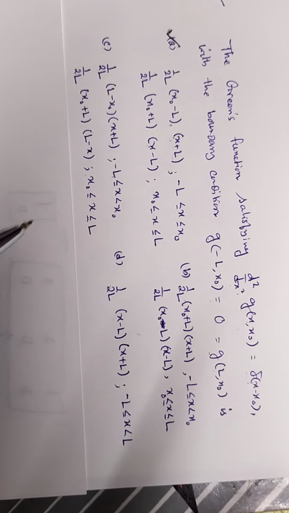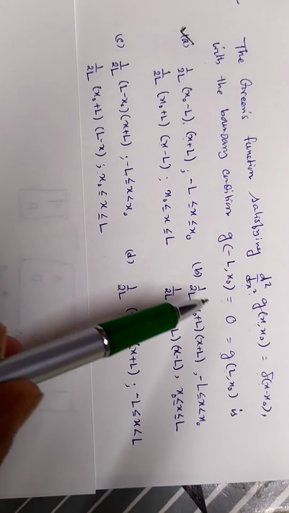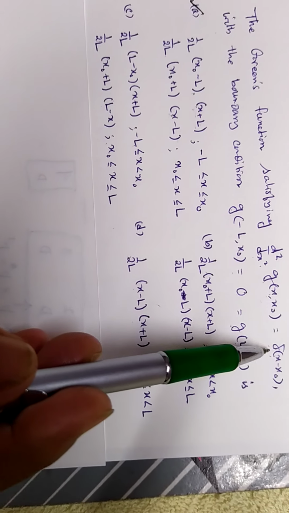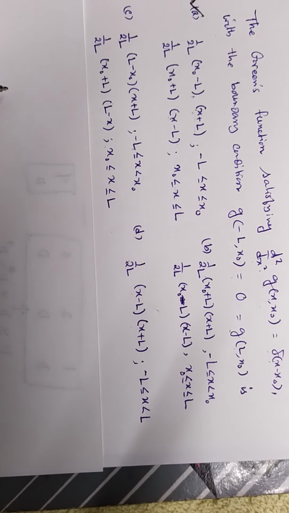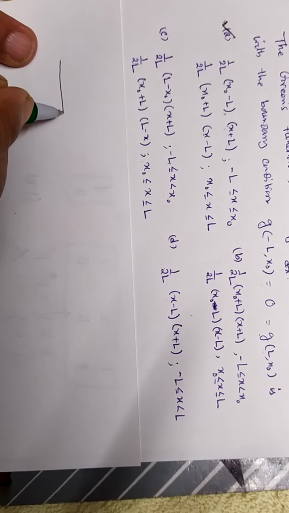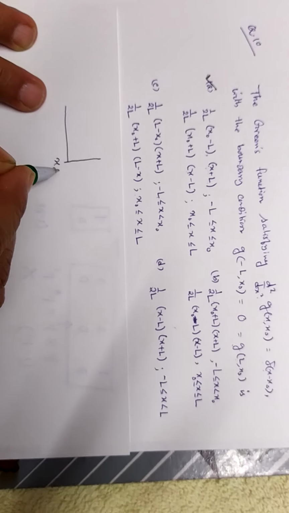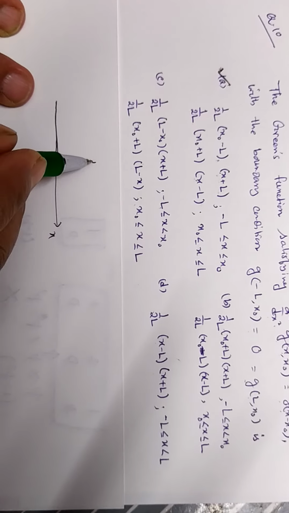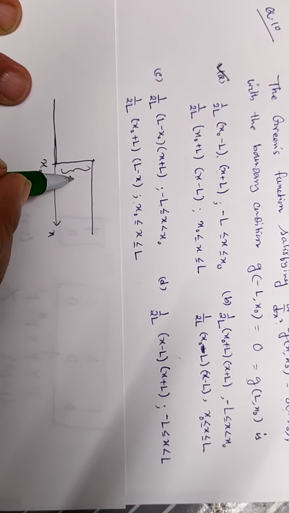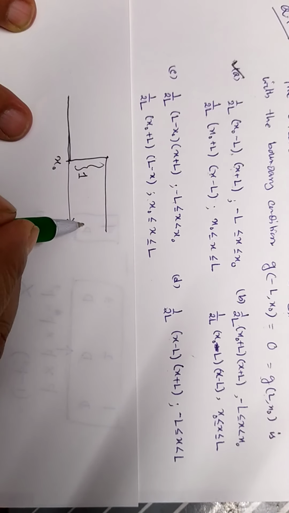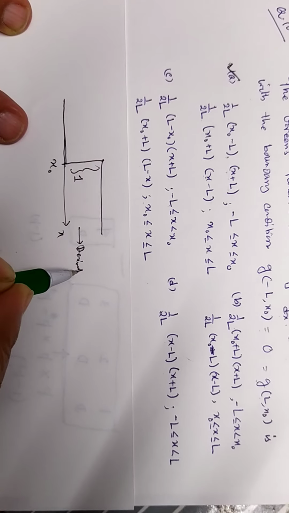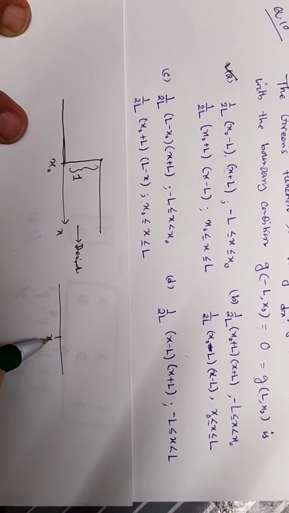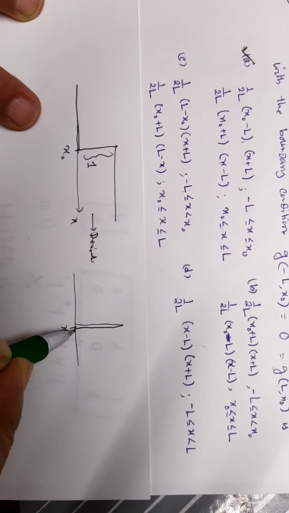Then the next attempt should be to read this relation. The second derivative of this function is the delta function, and you know that if you have a step function, say this is x0 and this is x, a unit step function, where this is unity, then the derivative with respect to x would be a delta function at x0.